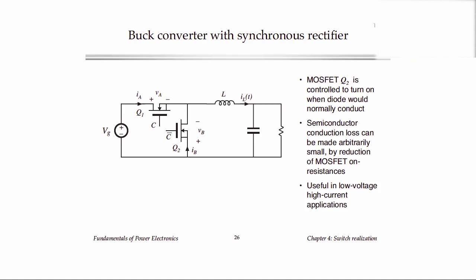And so if we have a diode with a forward voltage drop of, just to pick a round number, 1 volt, and our output voltage is less than a volt, then we're going to have a lot of power loss in the diode. And nowadays the diode power loss, or just conduction loss, may be greater than the power that goes to the load. So we don't have a high efficiency system.